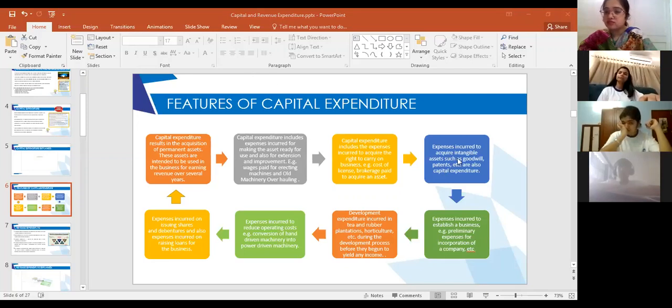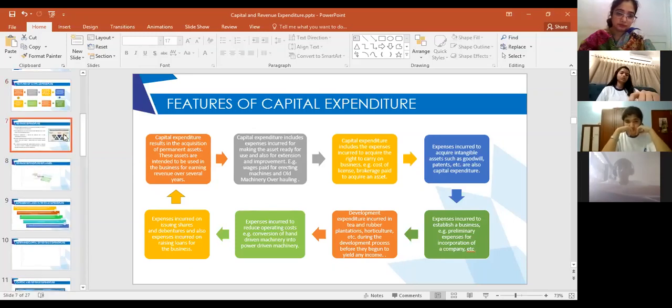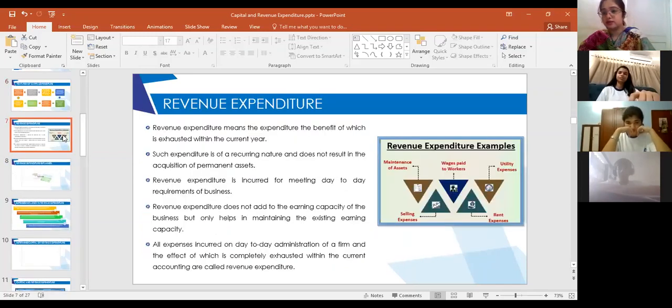Then expenses for goodwill, to buy shares and debentures, for plantations or incorporation of a new company, they all come under capital expenditure. Then the next part we did was revenue expenditure.